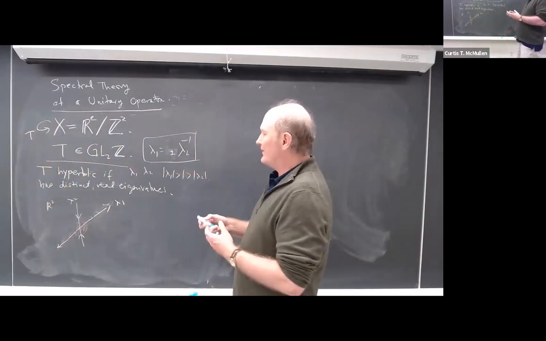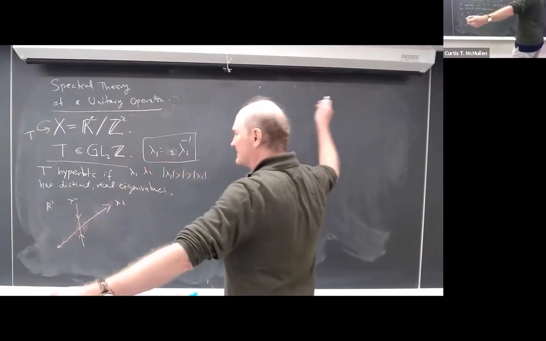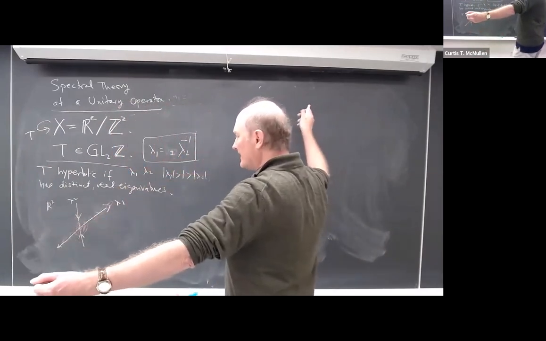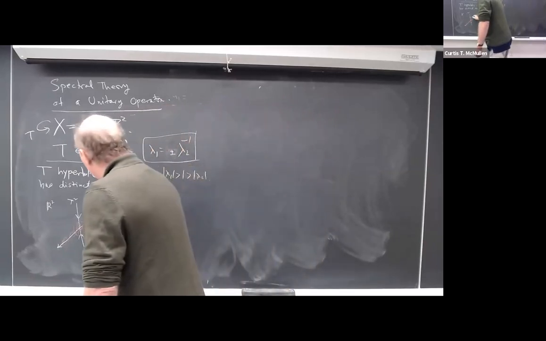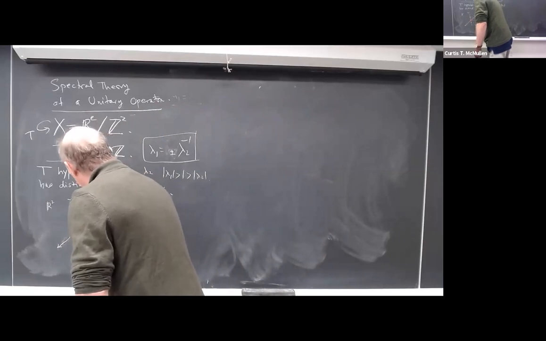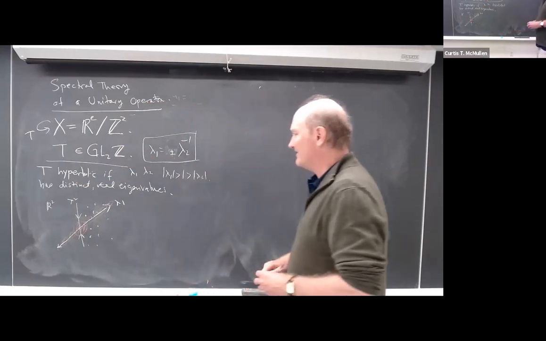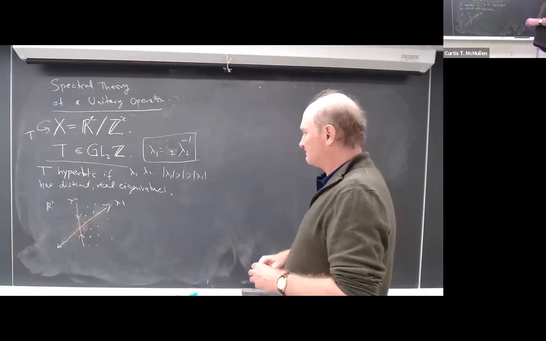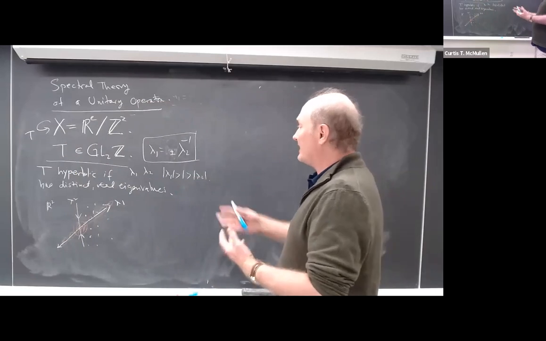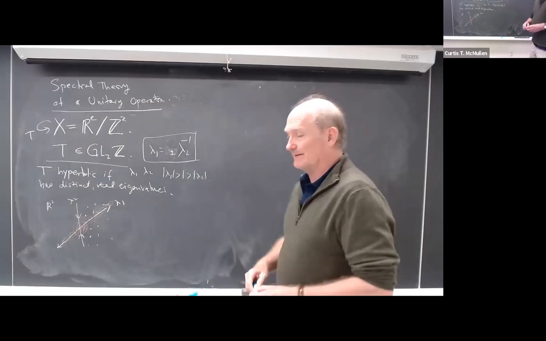Now, the magical thing about this operator is that even though it's sending most points in R2 to infinity under iteration, it has the property that nevertheless, it sends the integral lattice into itself. That's because of the fact that we chose it to have integer coordinates. And in particular, since the determinant is plus or minus 1, it's also measure preserving.